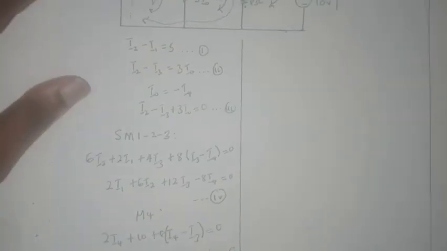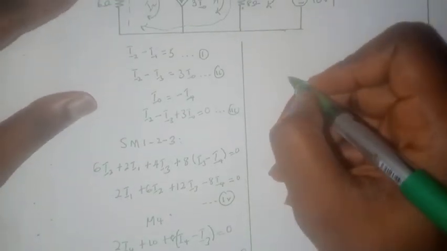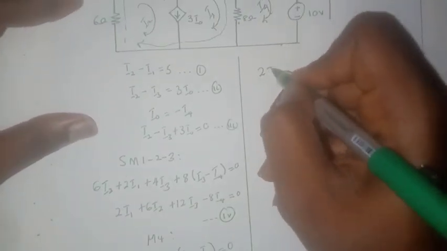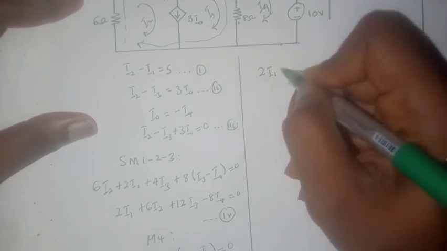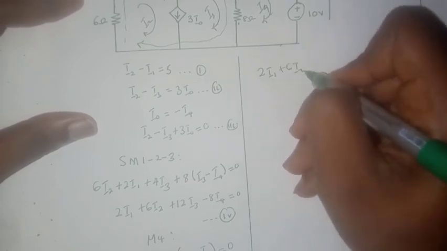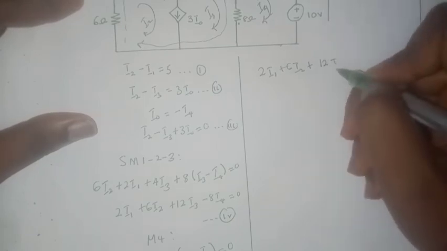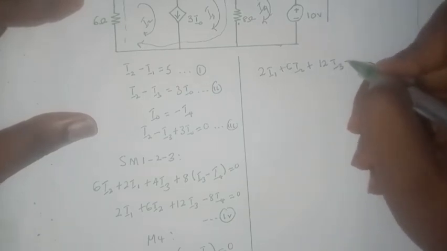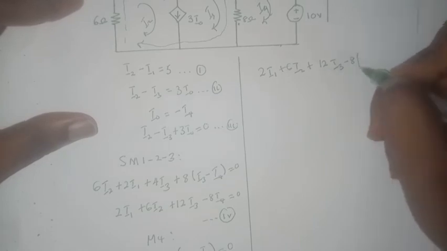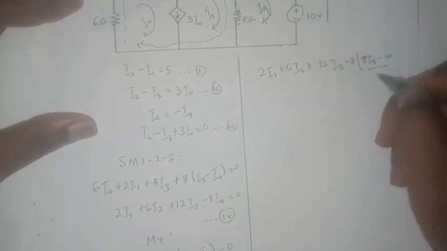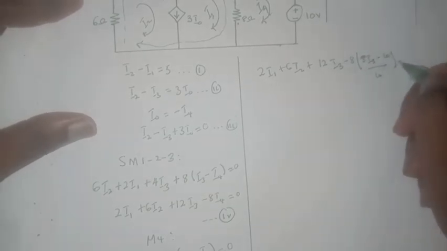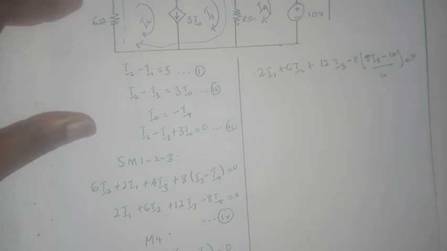So by substituting that, we would have 2I1 plus 6I2 plus 12I3 minus 8 into 8I3 minus 10 divided by 10, all equals 0. We can multiply through by 10.